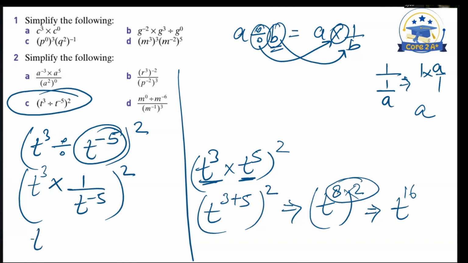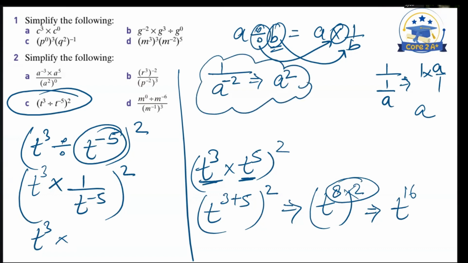Good. And then TQ multiplied. Now, if we have 1 over a to the power something in negative, we can rewrite it like a to the power 2, okay? Like this.